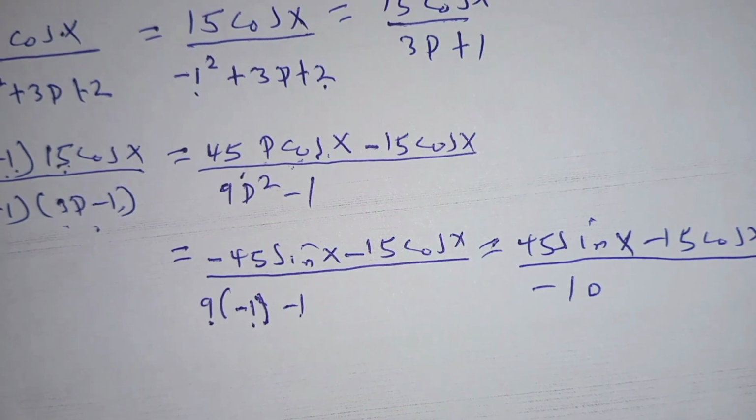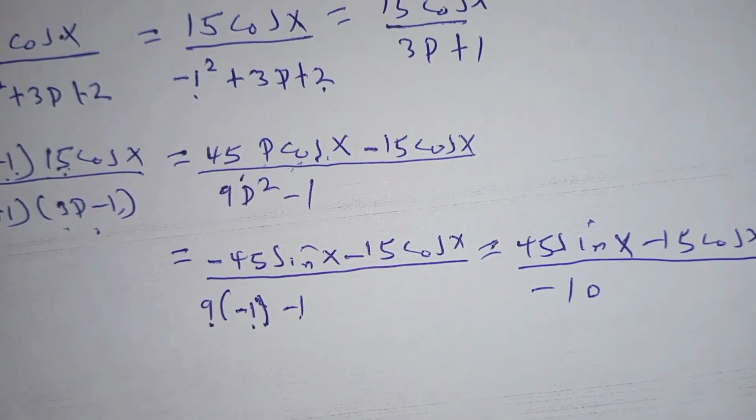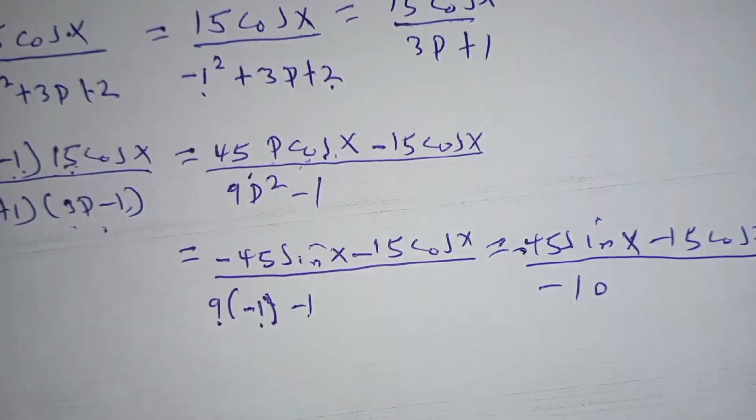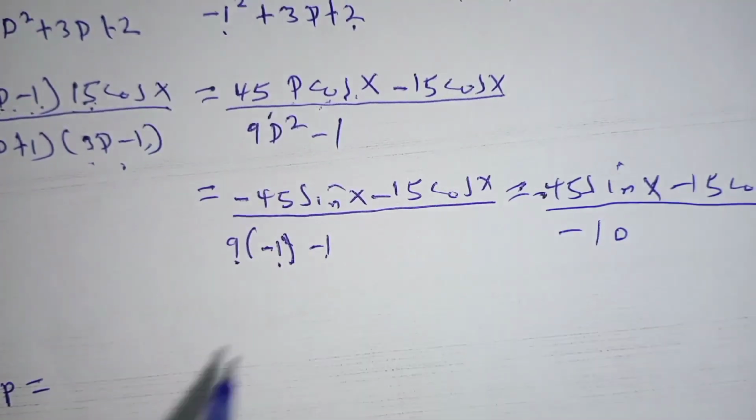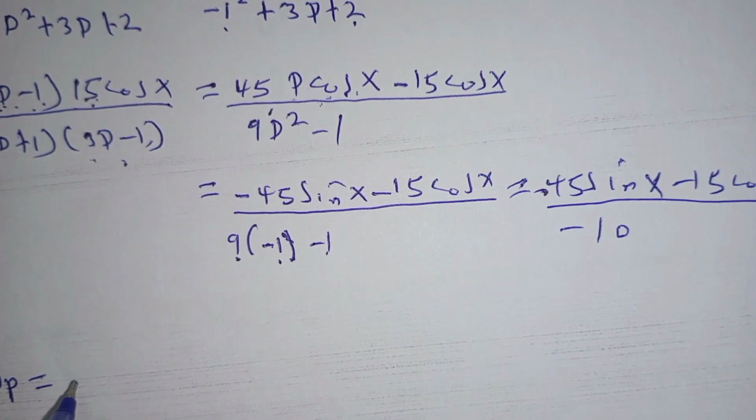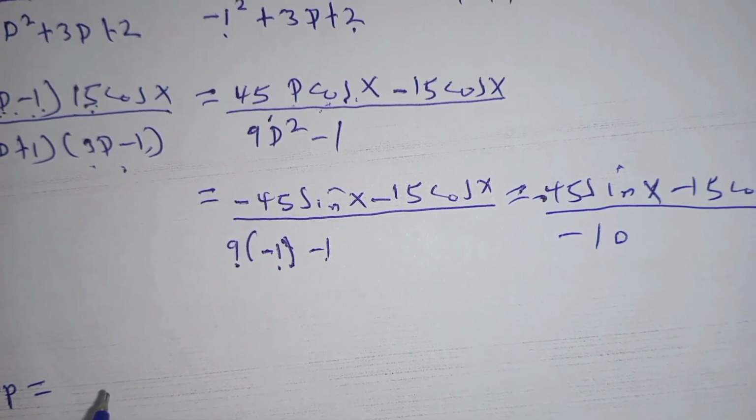You can simplify it to obtain the following. Here there is a negative. So our yp is equal to, dividing by 5, 45 divided by 5 will give you 9.